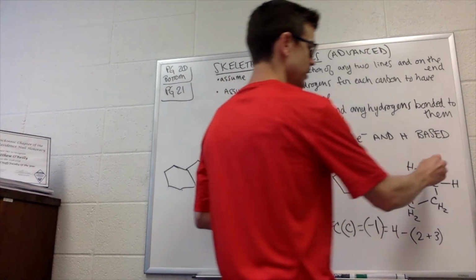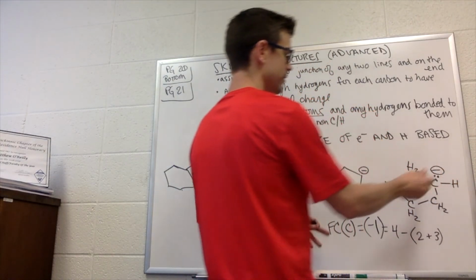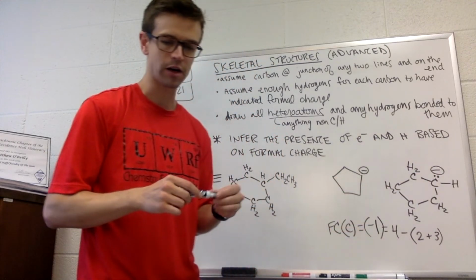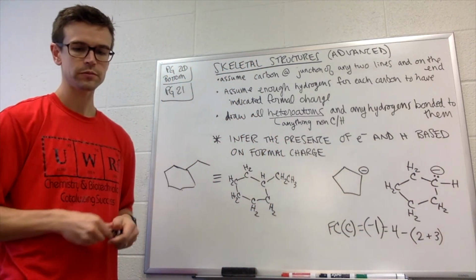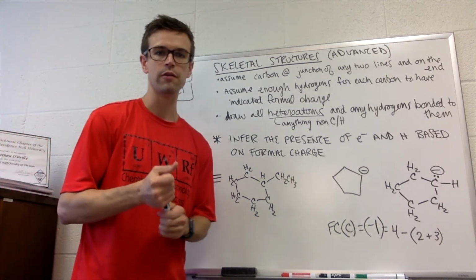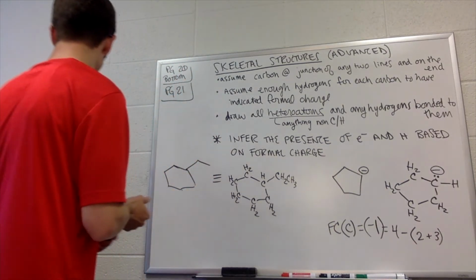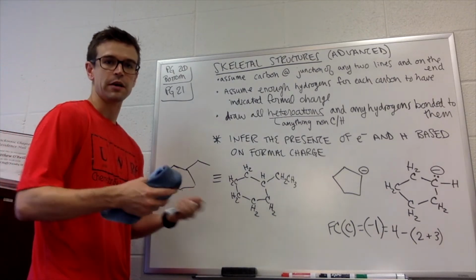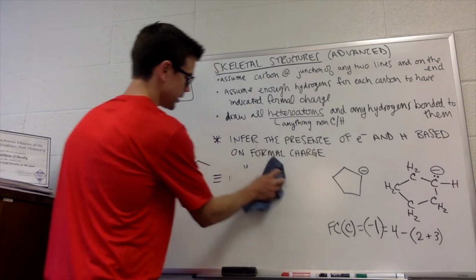It infers that that negative charge means that it has just 1 hydrogen and it has a lone pair of electrons. So that is the power of these skeletal structures. They really just speed up the process of us being able to discuss and talk about organic chemistry.